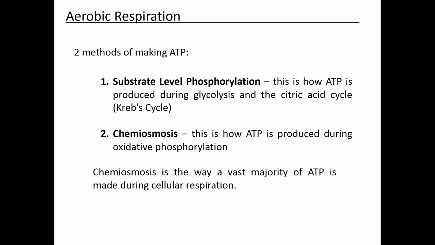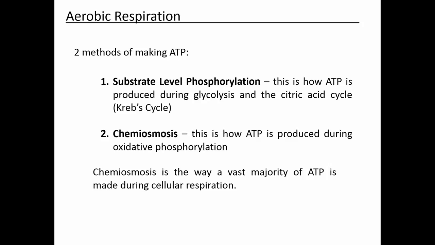Okay? So in terms of what happens, in substrate level phosphorylation, this is rather simple. All you do is you have an enzyme, and the enzyme takes a phosphate group off of an organic molecule and attaches it to ADP to make ATP. Okay? So in substrate level phosphorylation, an enzyme is going to take a phosphate group off of one molecule and then directly add it to ADP.